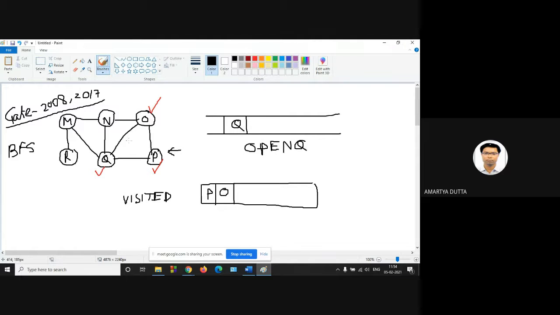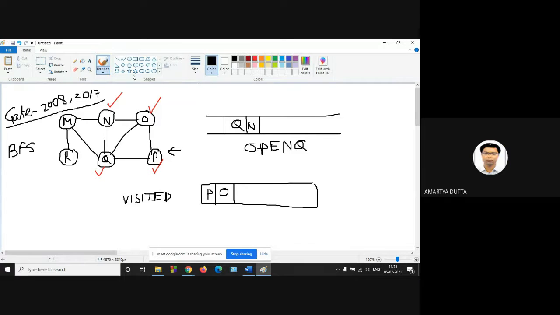Now adjacent of O are N and Q. Q is already there, that's why we have to write only N. Next, which one will be deleted?